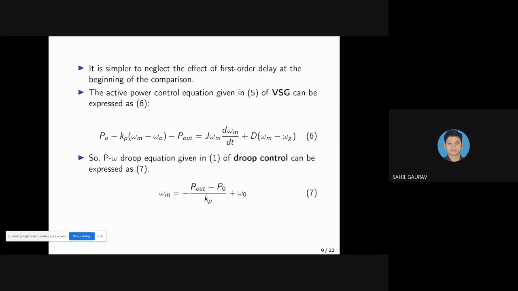So from these two equations, we can analyze two important things. The following conclusions can be made from these two equations.